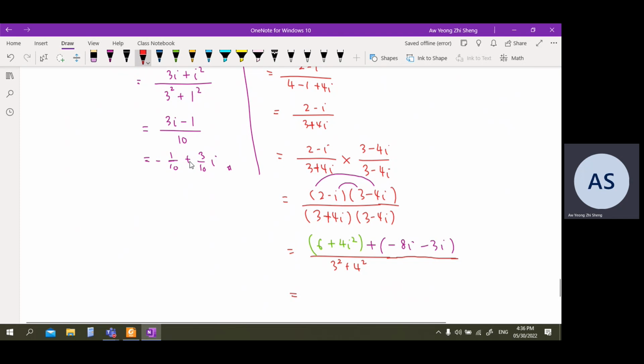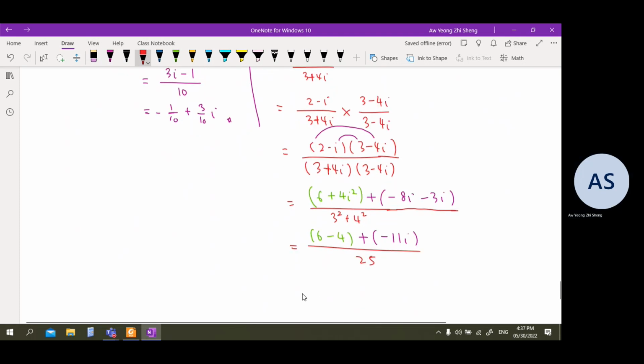Now my green colored terms will become 6 minus 4 because i squared is negative 1. My purple colored term will become a negative 11i. At the bottom, I have 25. So now it's time to split the fraction into two separate terms. I have 2 over 25 as a real term, minus 11 over 25i as an imaginary term, and done.